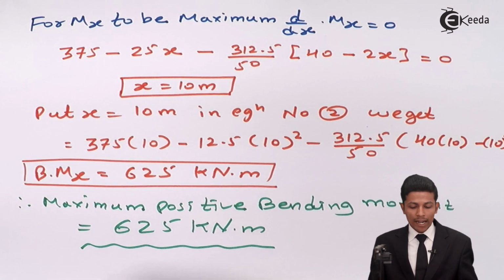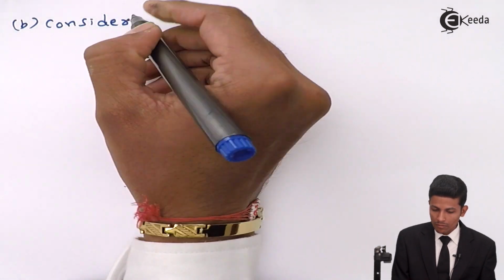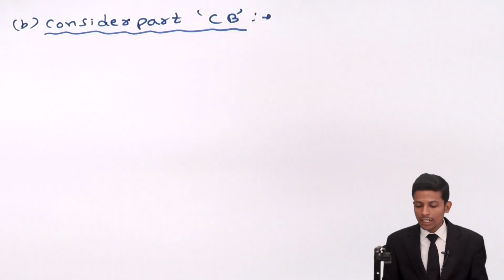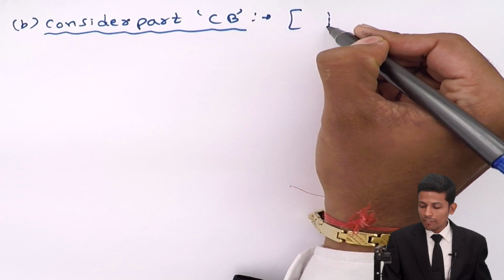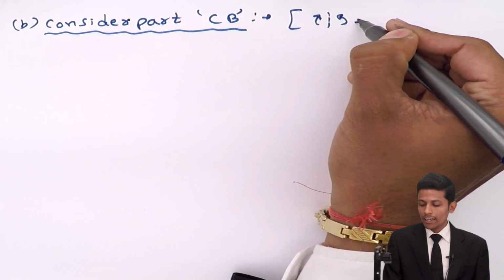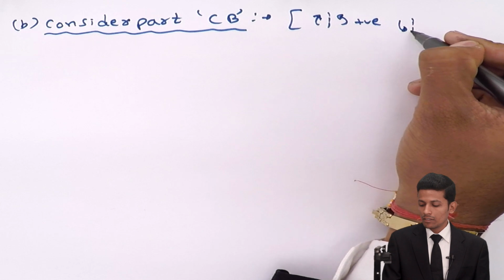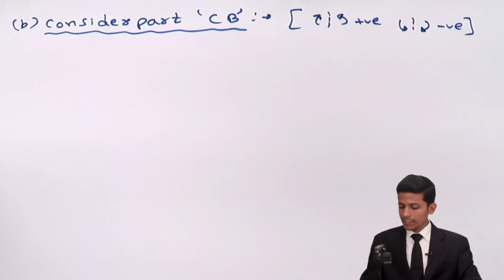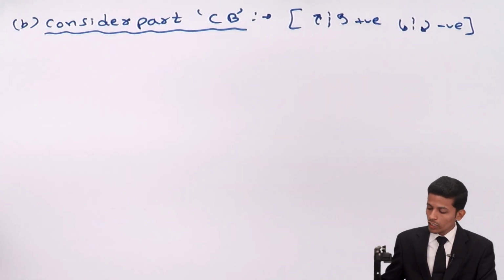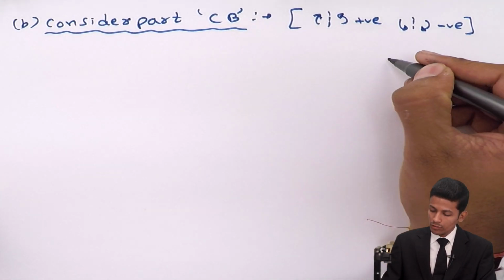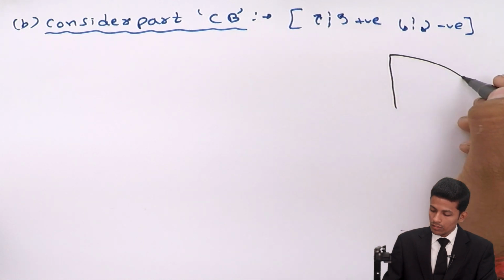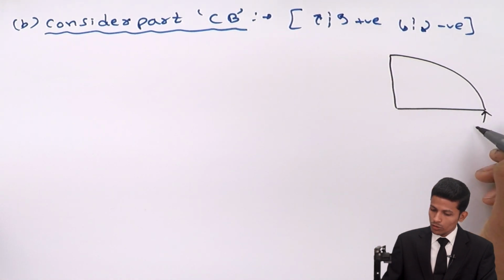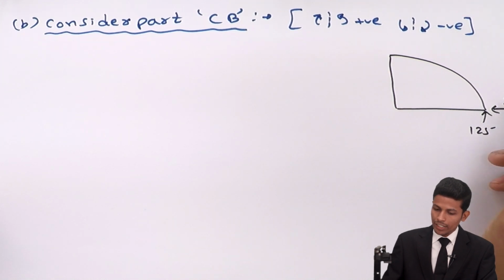Now let's take the other part, consider part C and B. Follow the sign convention, sagging positive, hogging negative. Now let's start. Draw the FBD of this part. We know this value will be 125 and 312.5, that's it.